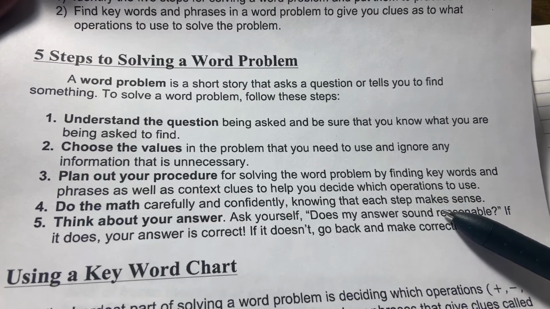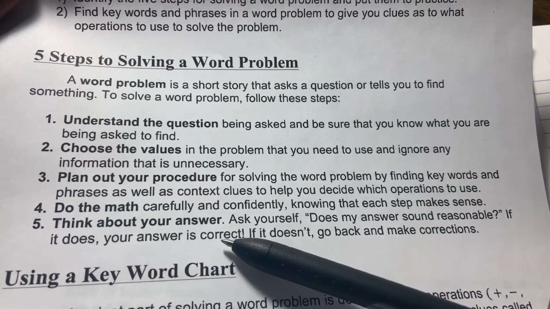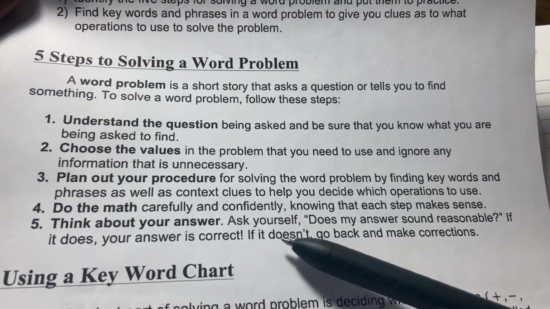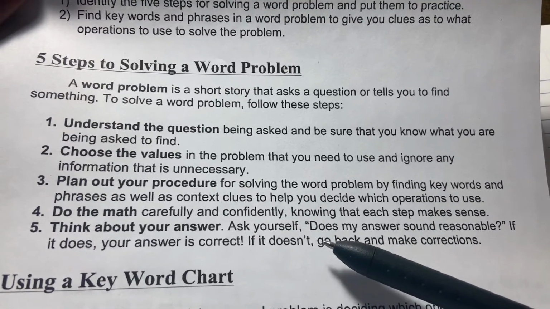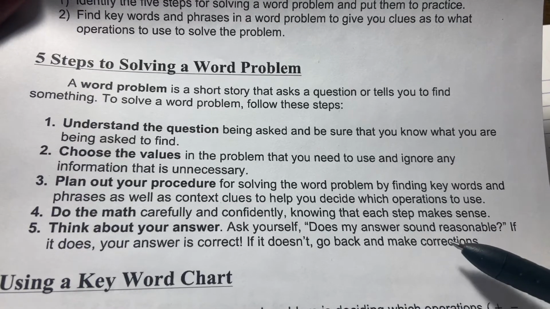Meaning, does it make sense, right? And if it does make sense, we are correct and we can feel confident in our answer. And if it doesn't make sense, if we look back and say, wait a minute, this answer looks a little bit funny, what are we going to do? Go back and make corrections. Look and see where we went wrong, all right?